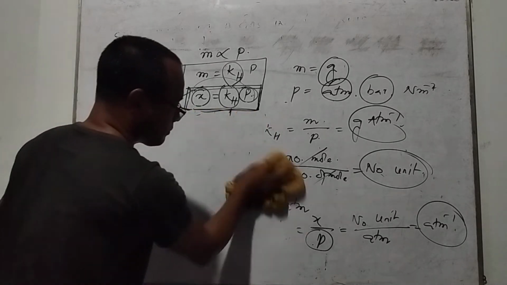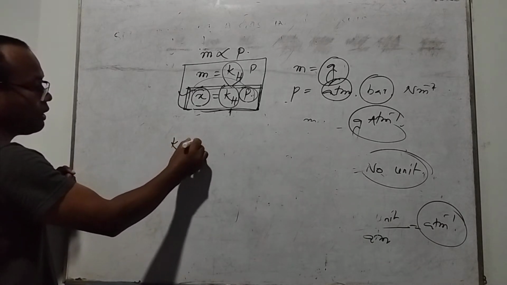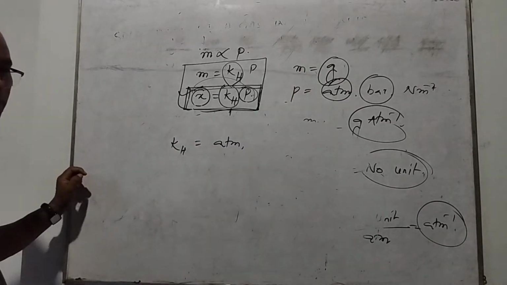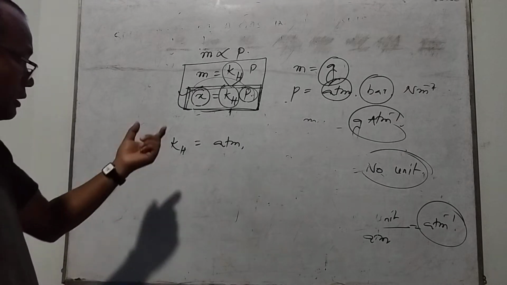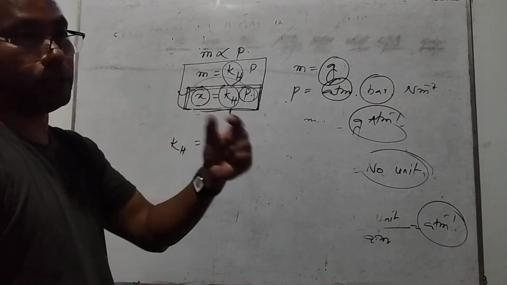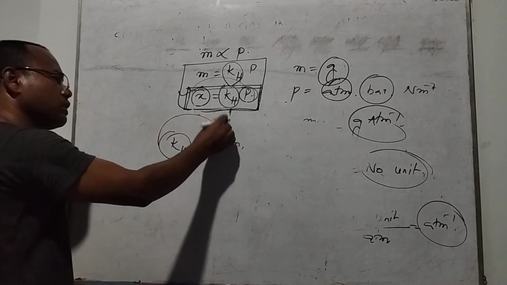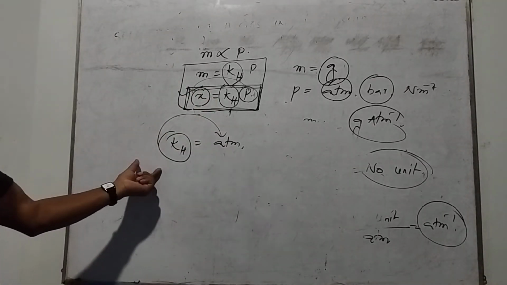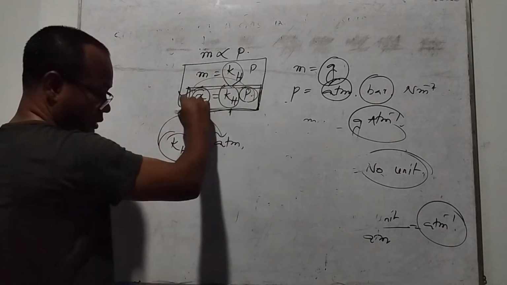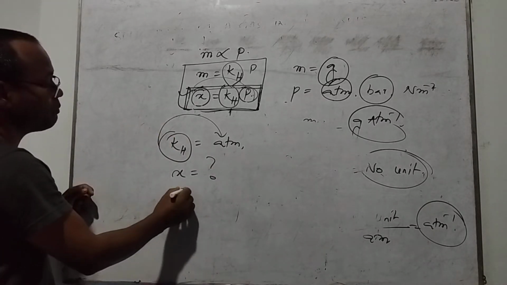Instead, if the KH value is given in atmosphere or bar or something else, the unit of the pressure, as I said before, the value of the KH always depends on the partial pressure or pressure. Clear? Sometimes this KH value is also given in atmosphere, right? If the KH value is given in atmosphere, suppose we are going to calculate the mole fraction, so this P value is given.